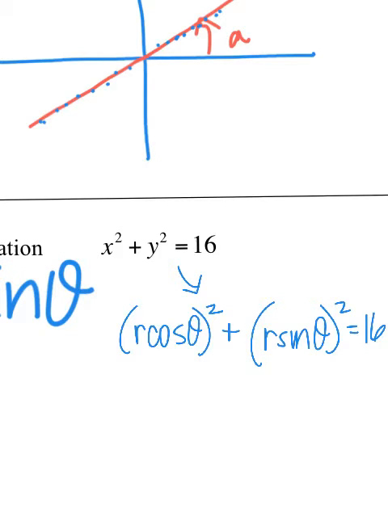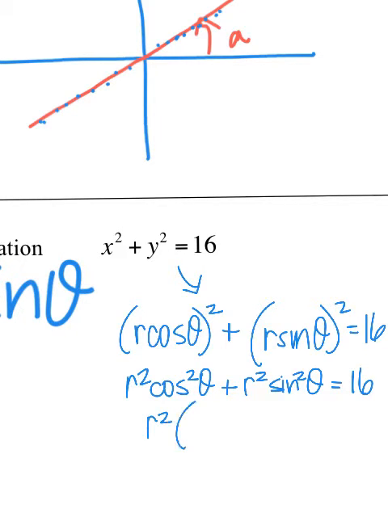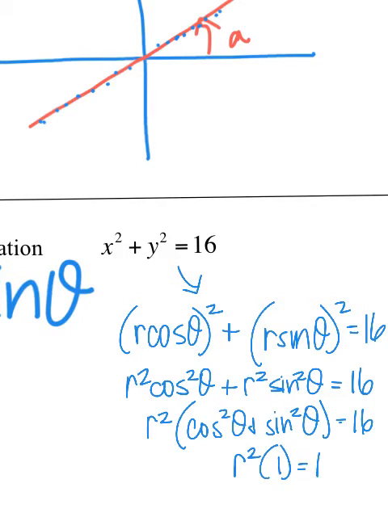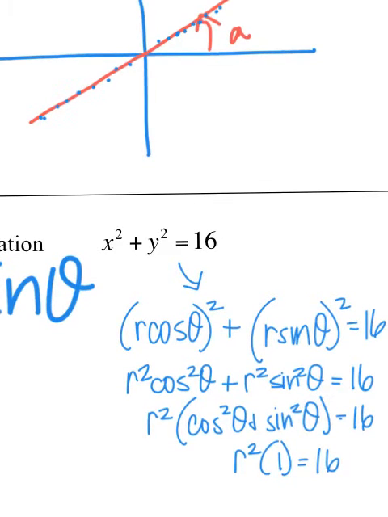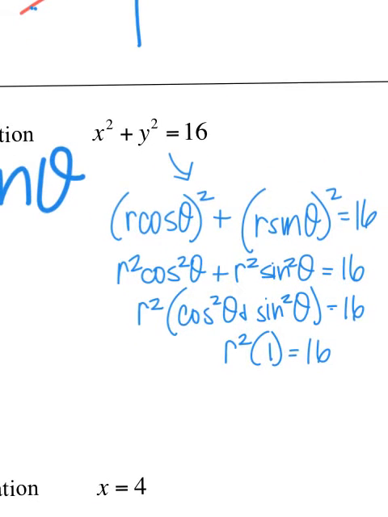I can simplify this to get r squared cosine squared of theta plus r squared sine squared of theta is equal to 16, which I can then factor out an r squared to get cosine squared of theta plus sine squared of theta, which should look super familiar to you. We should remember that's equal to 1, so that means r squared times 1 equals 16, or r is equal to 4.